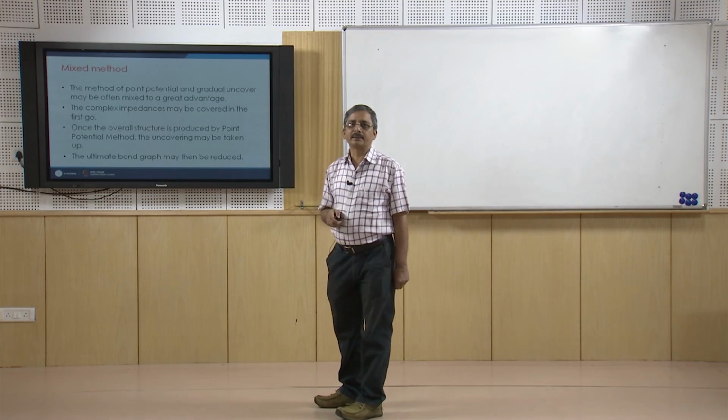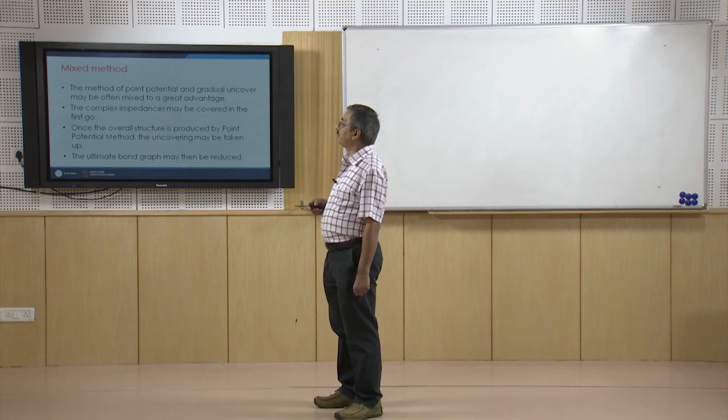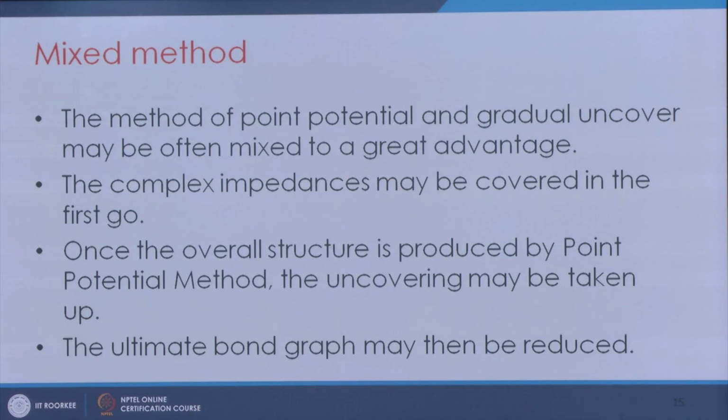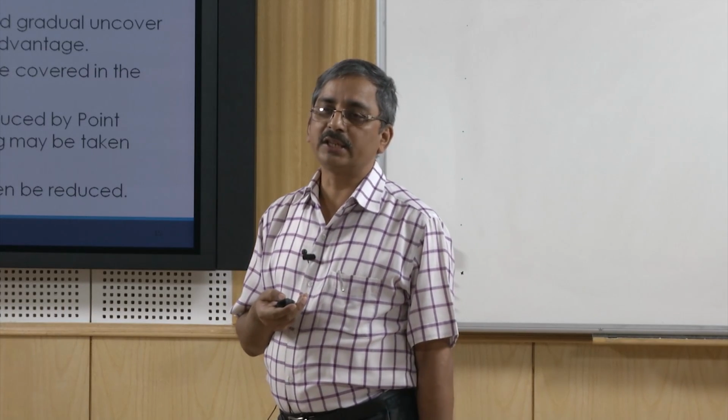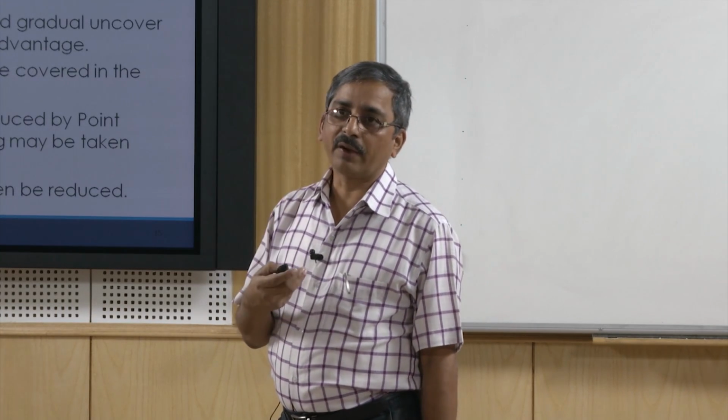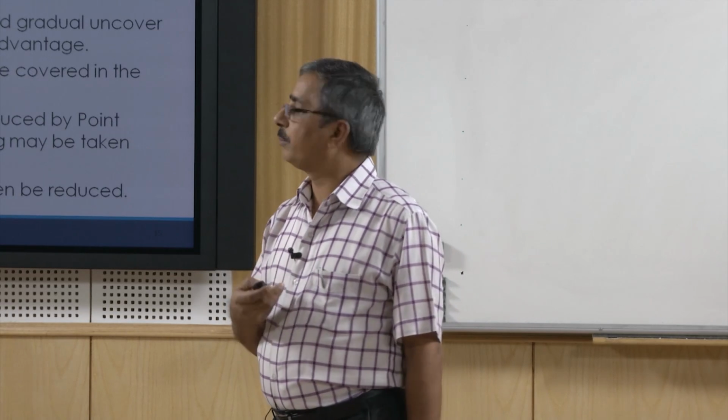Next method is the mixed method. Now, in this mixed method what we do is we utilize both concepts, that is, the method of gradual uncover and the method of point potential.